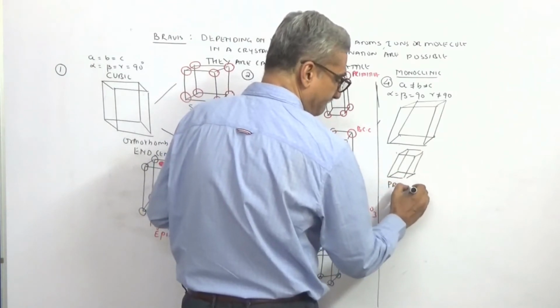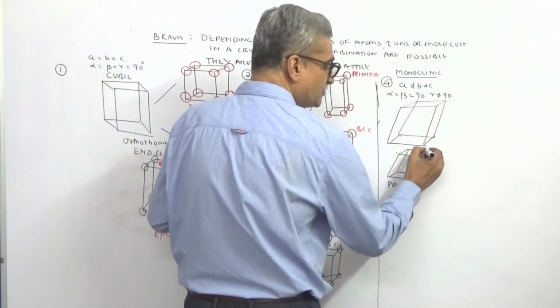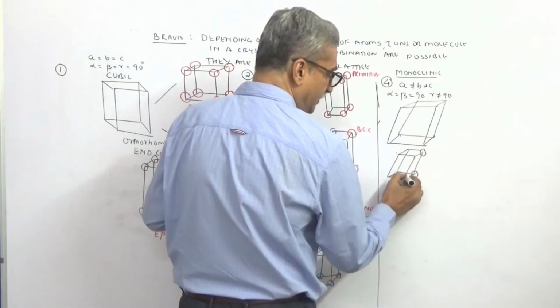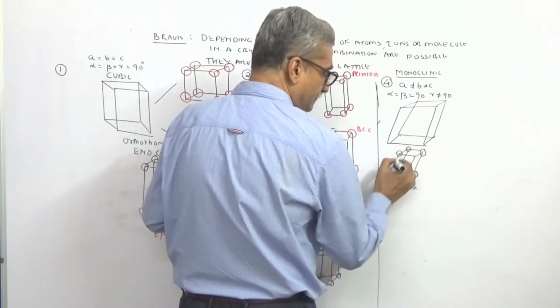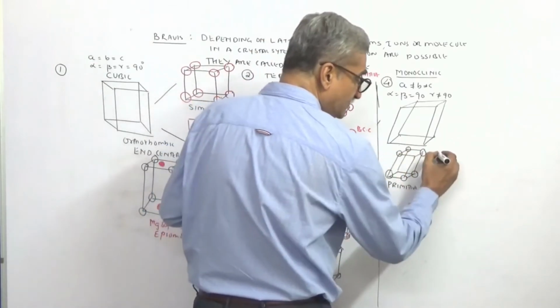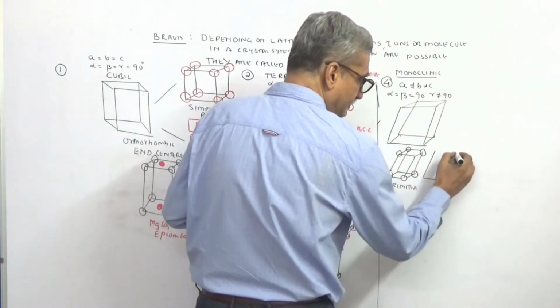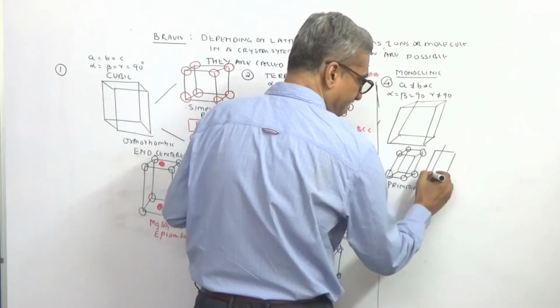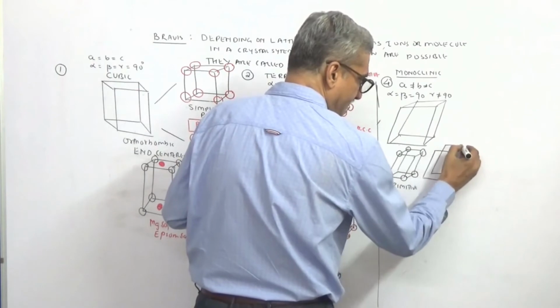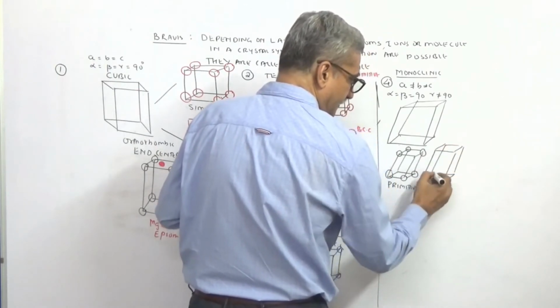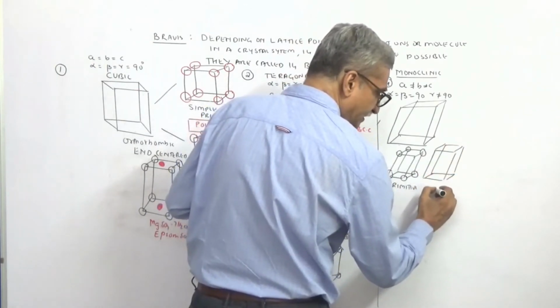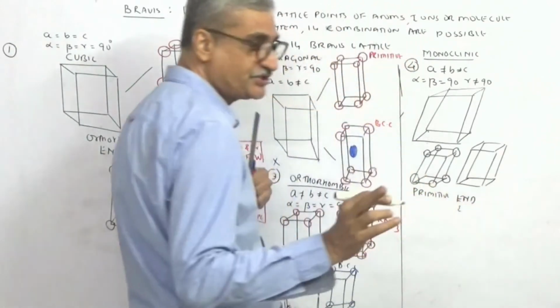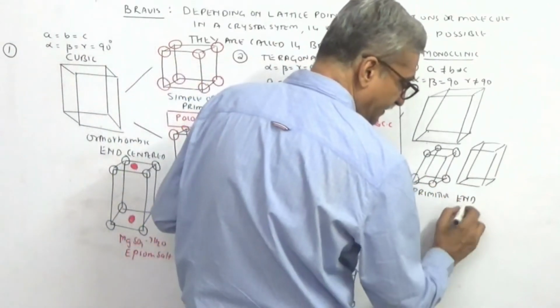So you have primitive, which means what? Atoms are only present in the corners. And then this is end centered, not edge. This is end centered.